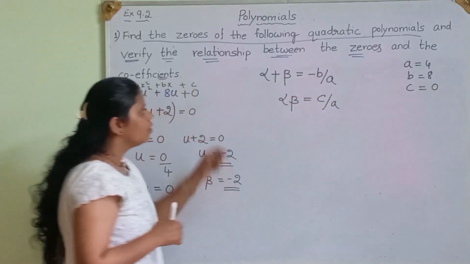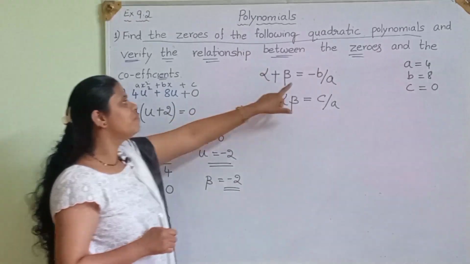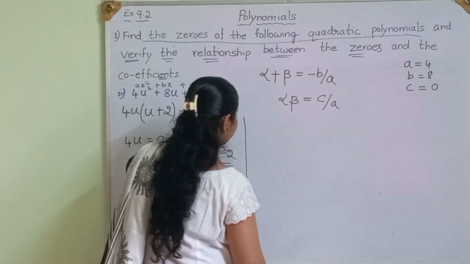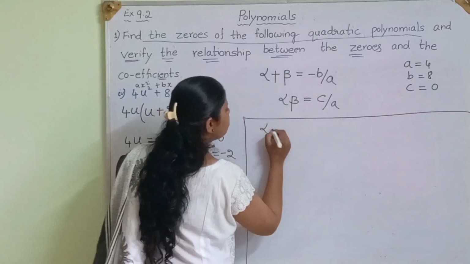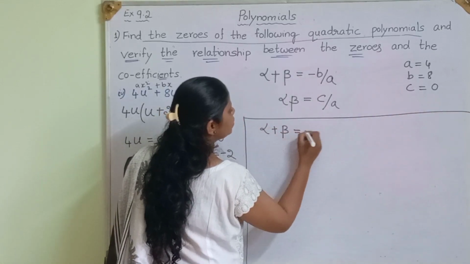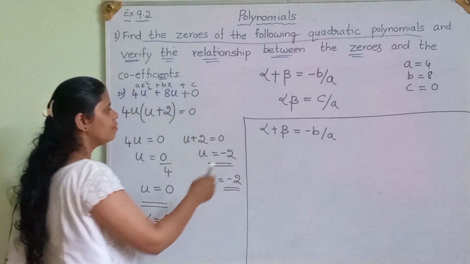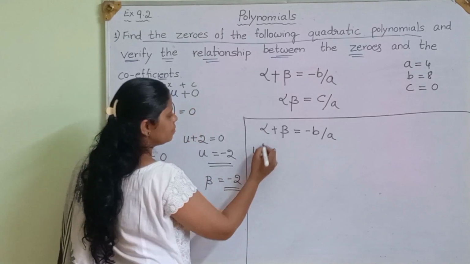Okay. Now let us verify the relationship. First let me verify alpha + beta = -b/a. First let me take the LHS. What is the LHS?